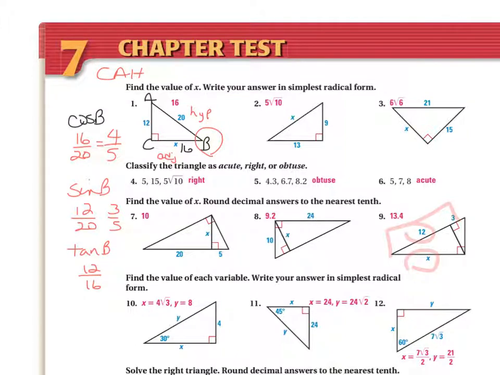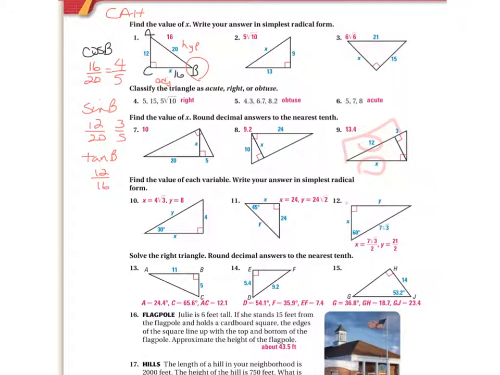Pretty good so far? All right, then you will also have a couple questions on the special right triangles. There are two types of special right triangles, 30, 60, 90 and 45, 45, 90. Now, what I recommend, when you did the homework, remember, it didn't give you a picture.